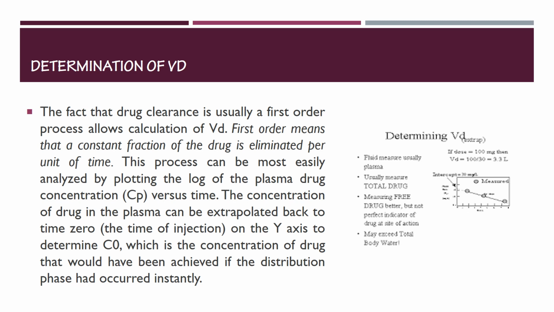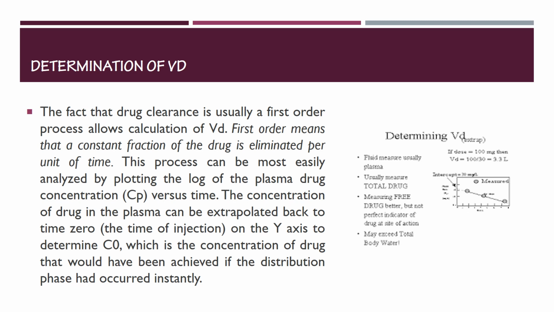Determination of VD. The fact that drug clearance is usually a first order process allows calculation of VD. First order means that a constant fraction of the drug is eliminated per unit of time. This process can be most easily analyzed by plotting the log of the plasma drug concentration (CP) versus time.